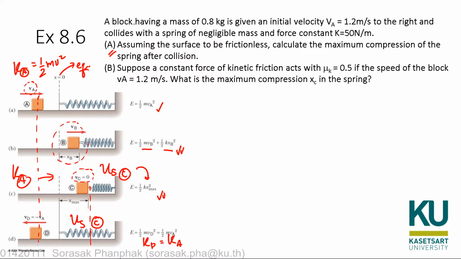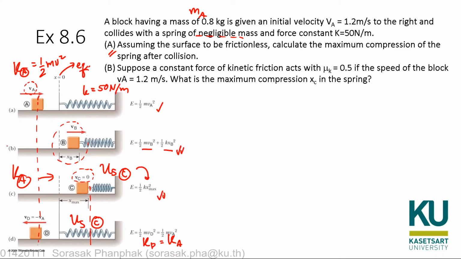So now the block A has mass, this is the mass of block A, with this initial velocity, and the spring is a massless spring with K equal to 50 Newton per meter.